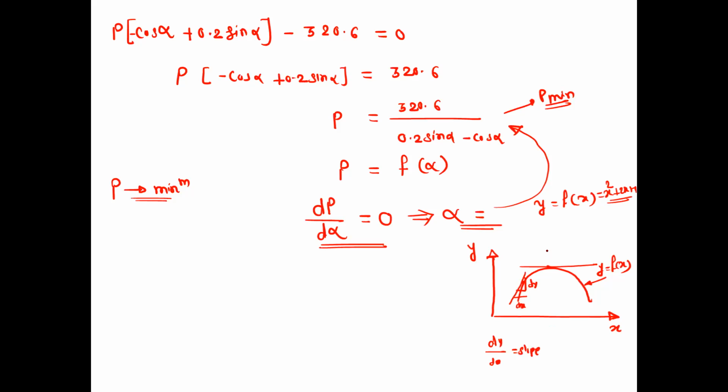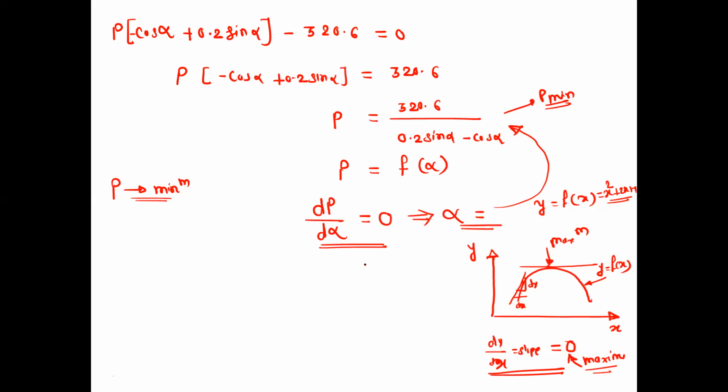So at this maximum point, this line is exactly parallel with the x-axis. So what is the slope of the line parallel to the x-axis? It is nothing but 0. So at the maximum point, dy by dx will be 0. So this is called the maxima condition.